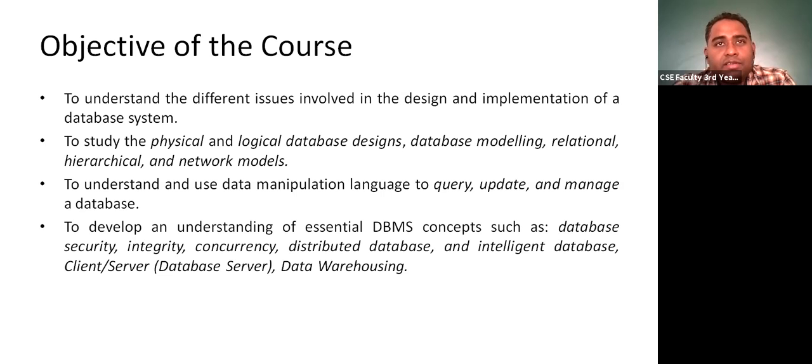I would like to give you an example. Suppose I want to transfer 1,000 rupees from my account to Anurodh's account. What does it mean? It means that 1,000 rupees will be debited from my account and credited to Anurodh's account.